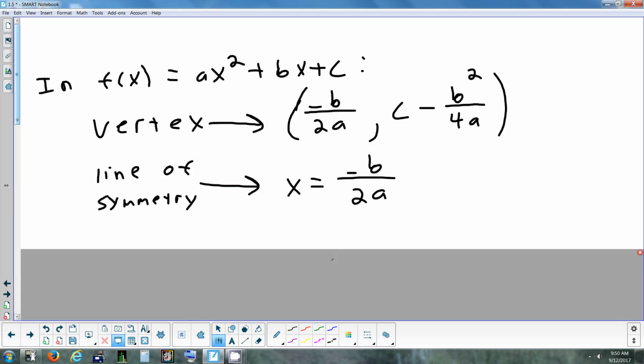These are 2 formulas you can use. It's kind of a shortcut, if all you want to find is the vertex and the line of symmetry. I don't really use these formulas too much.